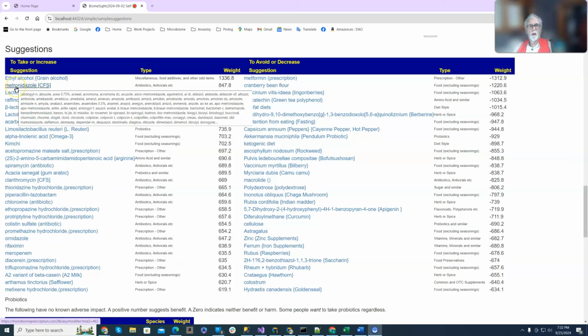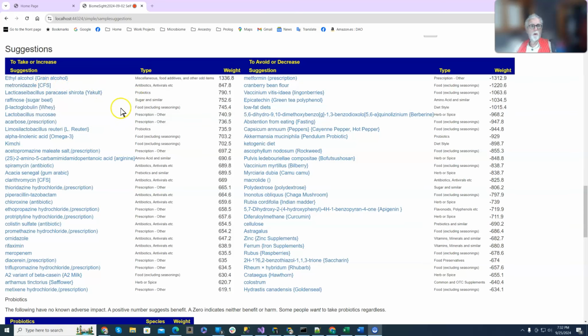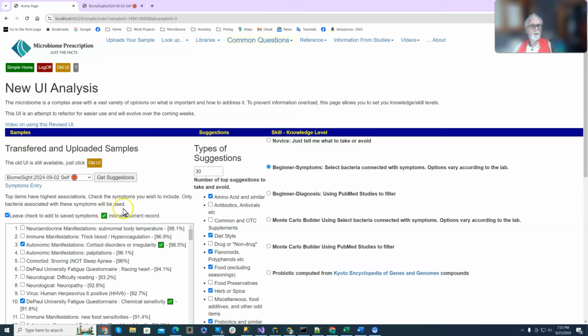But the next one is a very common antibiotic or antifungal used for chronic fatigue syndrome, which I have marked there. And then we get into a variety of non-antibiotics there. For now, remember that you can determine the size of the list you want here, which is 30.